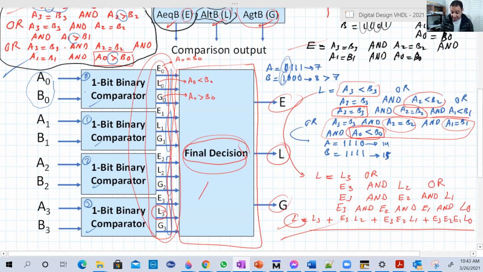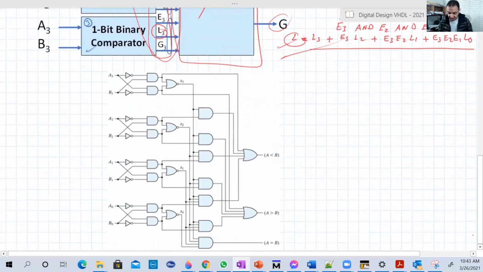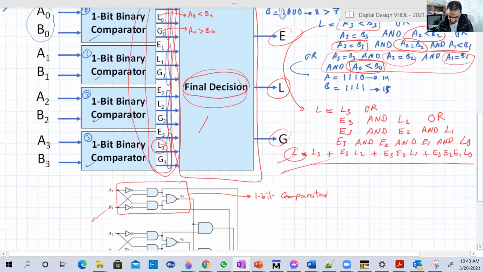Okay, guys, so this is basically how to think about it and how to design it. In the book, you will find this circuit that does exactly what we need. And look, this is basically the first 1-bit comparator. This one here is basically number 0.